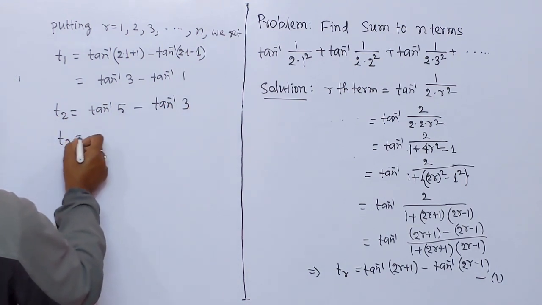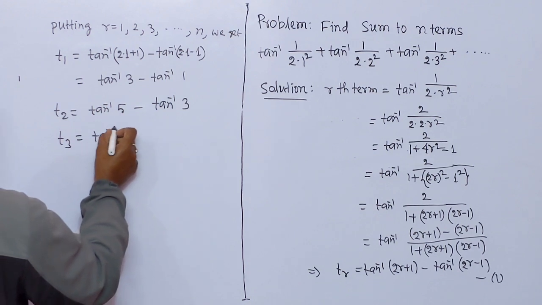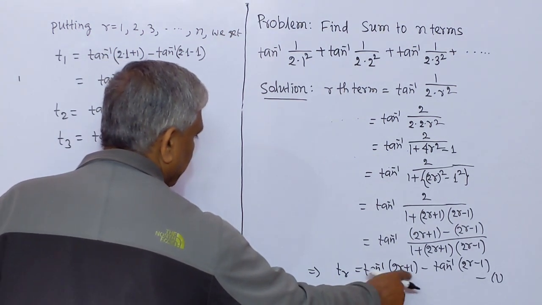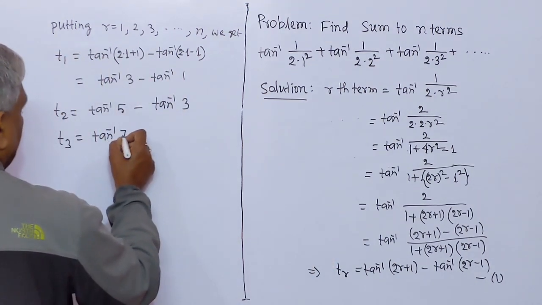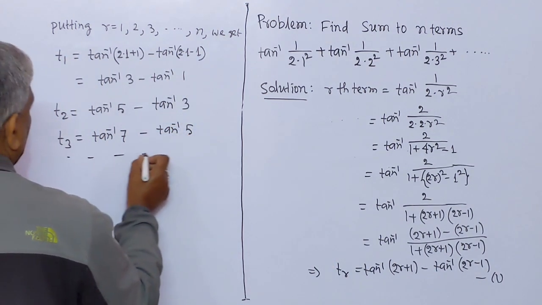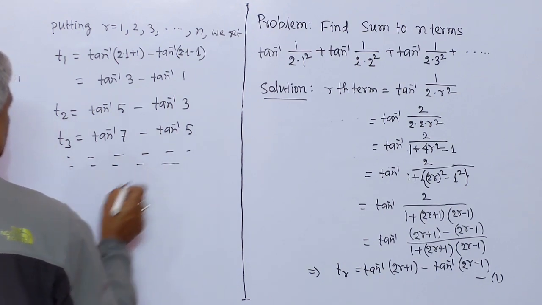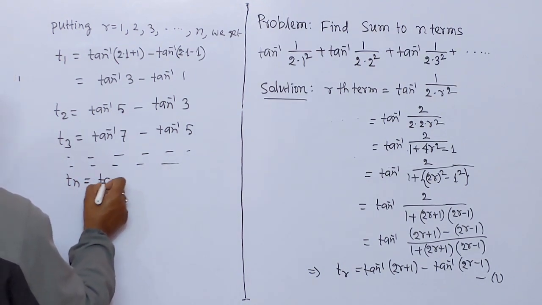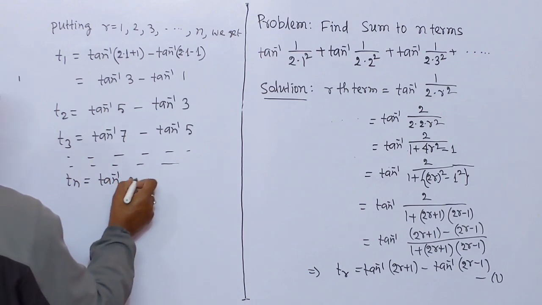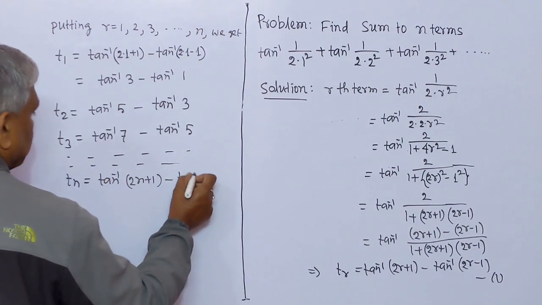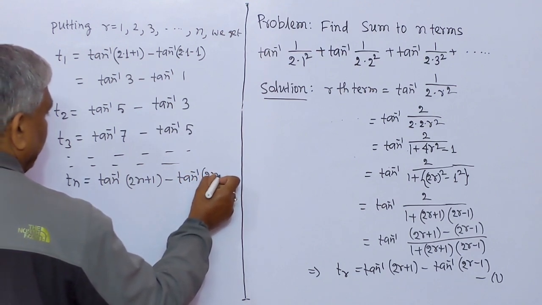T3 equal to tan inverse, r equal to 3, 3 multiplied by 2, 6 plus 1, tan inverse 7, minus tan inverse 5, and so on. Tn equal to tan inverse 2n plus 1 minus tan inverse 2n minus 1.